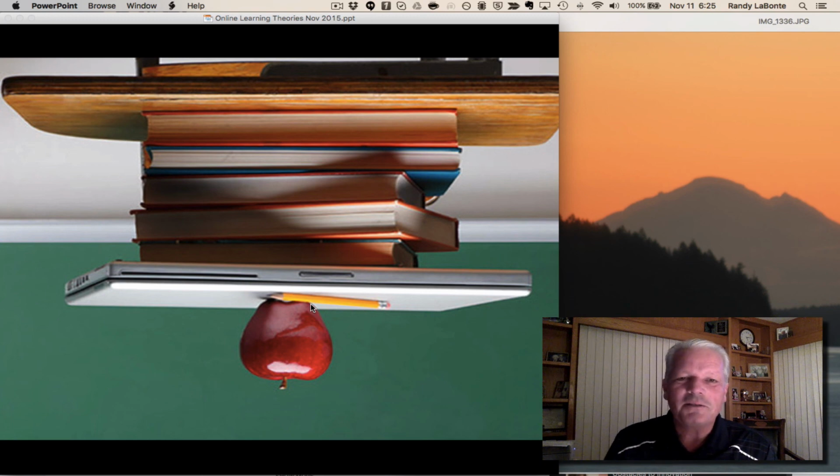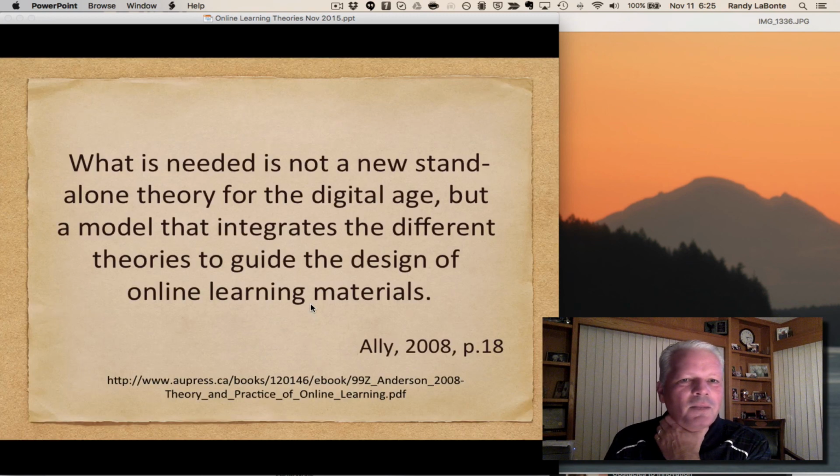You notice the way this diagram works, this picture. To understand it, Ali again also argues, is not necessarily a standalone theory, but more about things that help us design online learning materials. I would argue, going further, spaces and approaches.